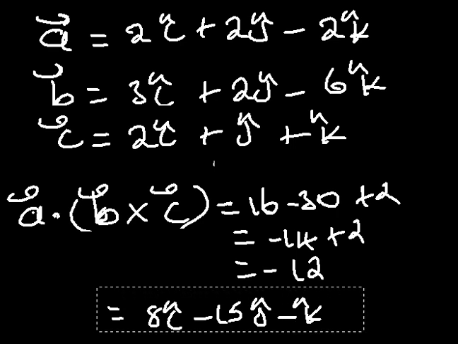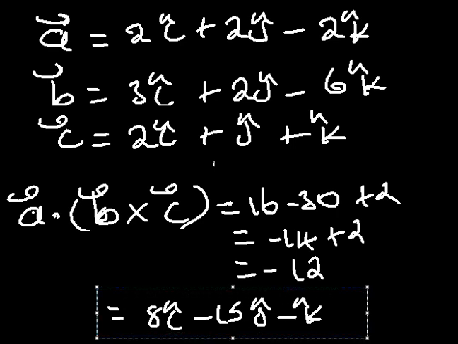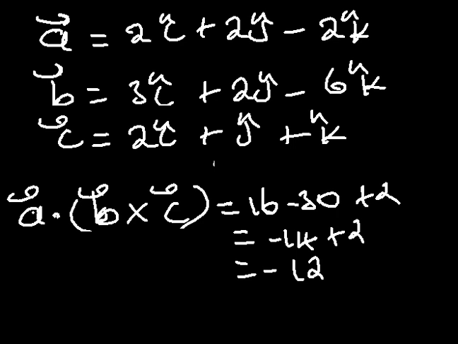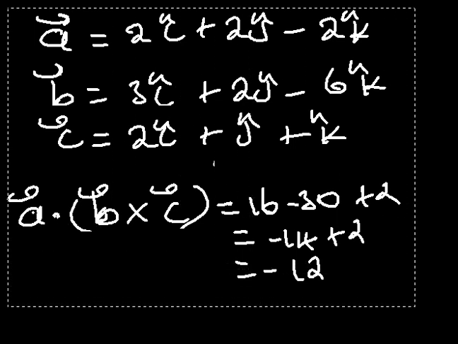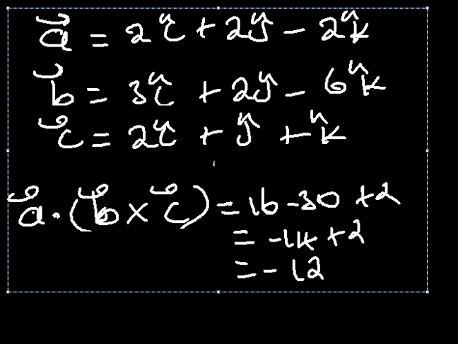So that is how you should understand the scalar triple products of the vectors. So this is the solution in that case. And in your own time, try the following case.